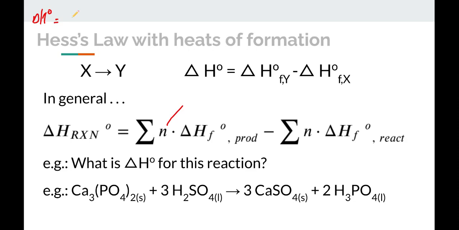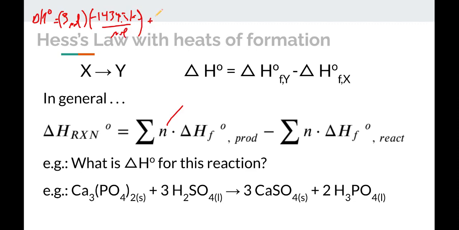So we have 3 moles of calcium sulfate, CaSO4. If we look up the heat of formation, it's negative 1434.5 kilojoules per mole.